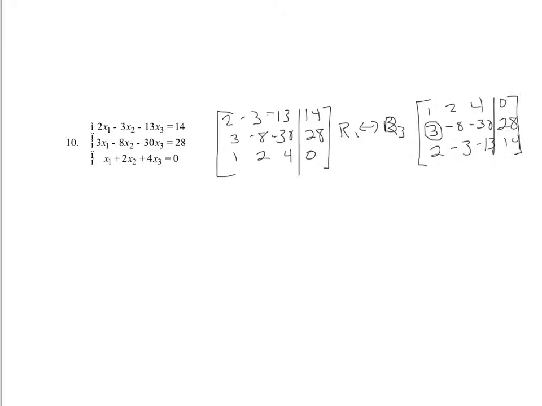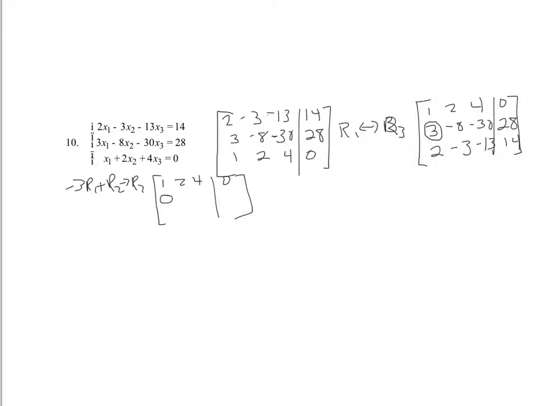Okay, so if I move to the middle row, I know I want this element right here to become a 0. To make that happen, I can multiply -3 times row 1, add it to row 2, and that'll be my new row 2. All right, top row, 1, 2, 4, 0. For my second row, if I multiply row 1 times -3, I'll get -3 plus 3, which is 0.